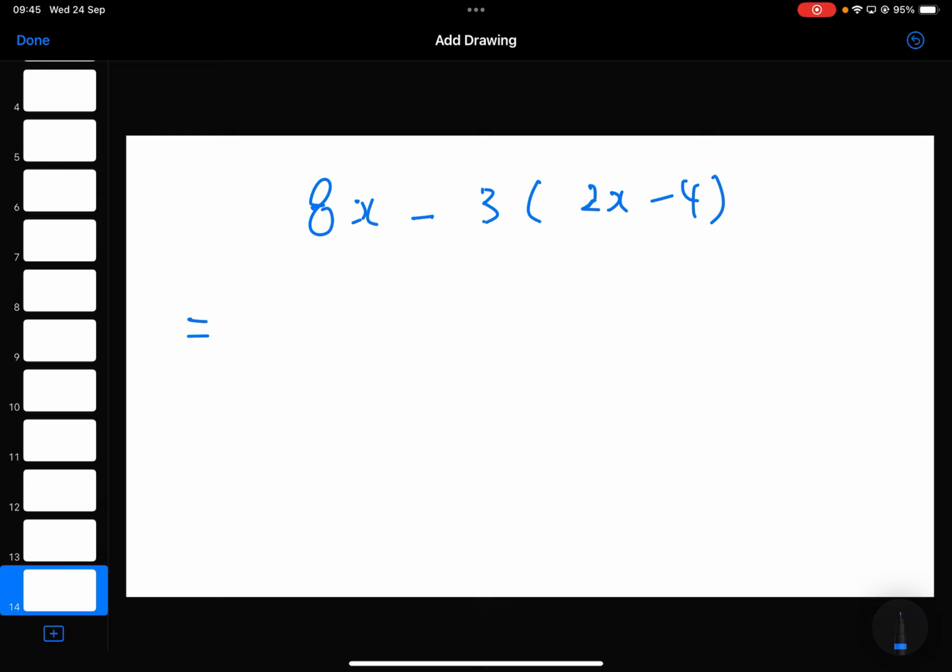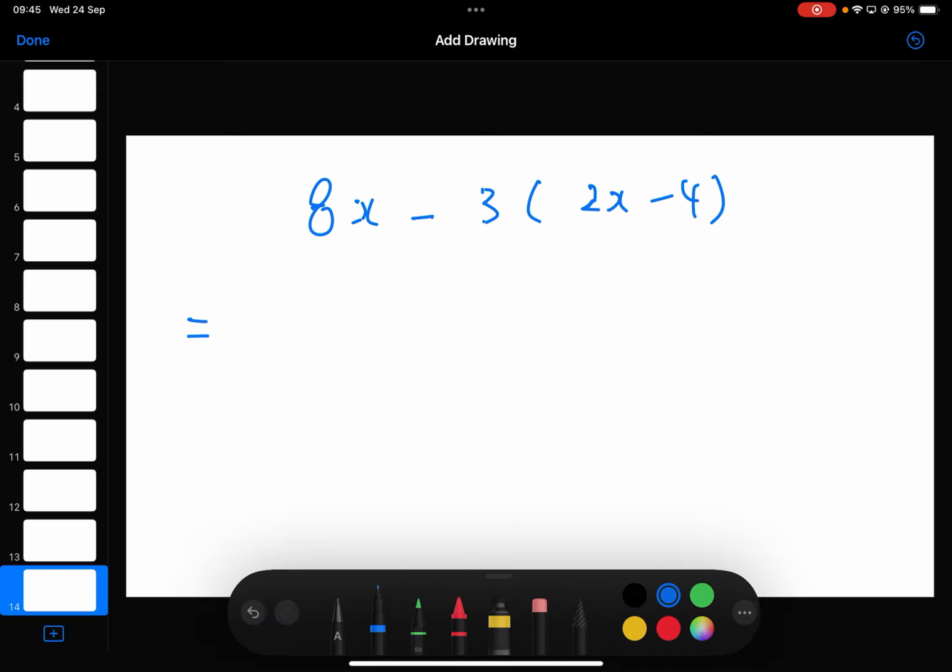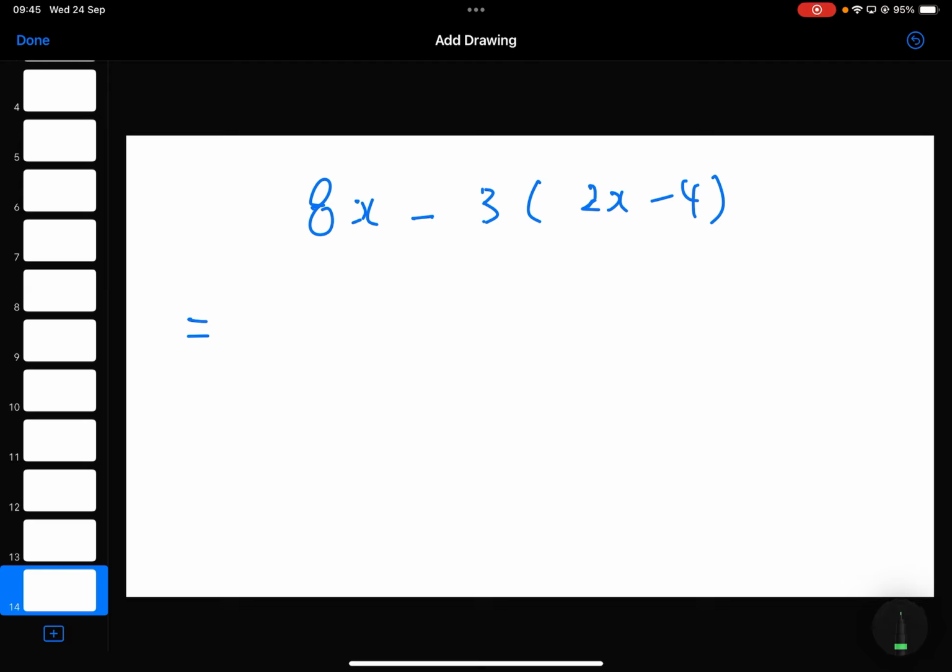Okay, when I see this string of expression, algebraic expression, what must come to my mind is not just, this is a string of numbers and alphabet. I must be reading this as, I have 8 multiply x.